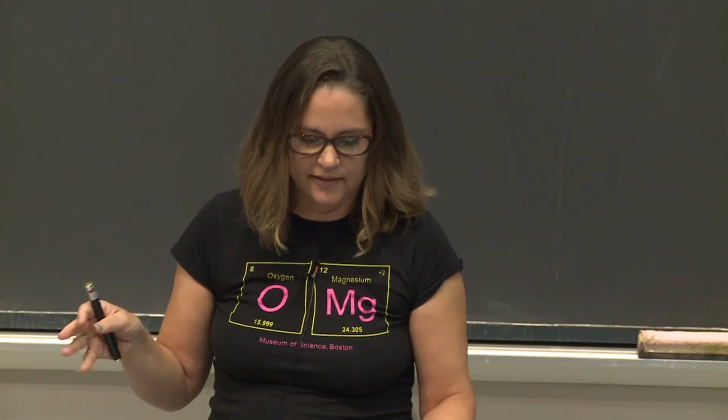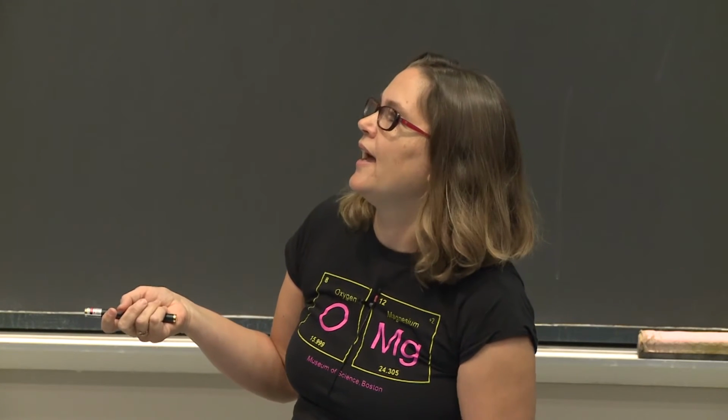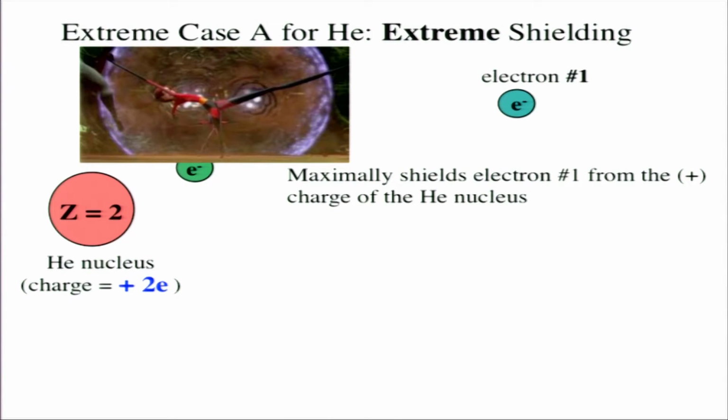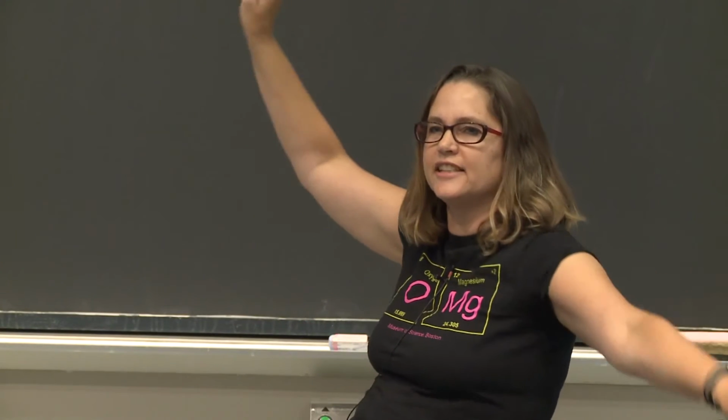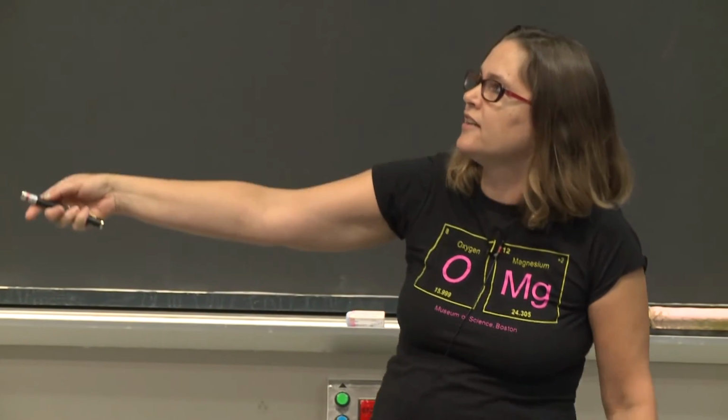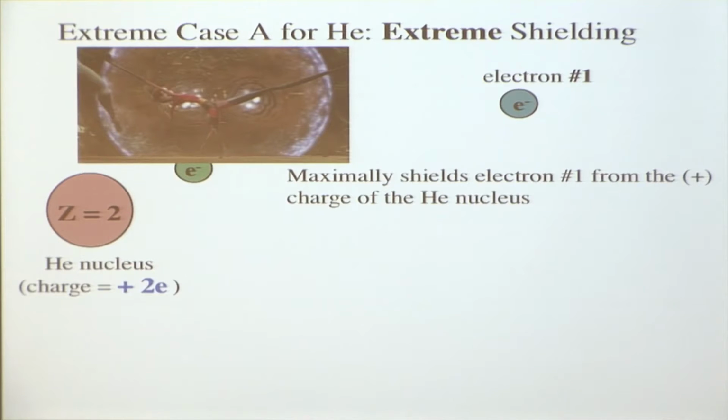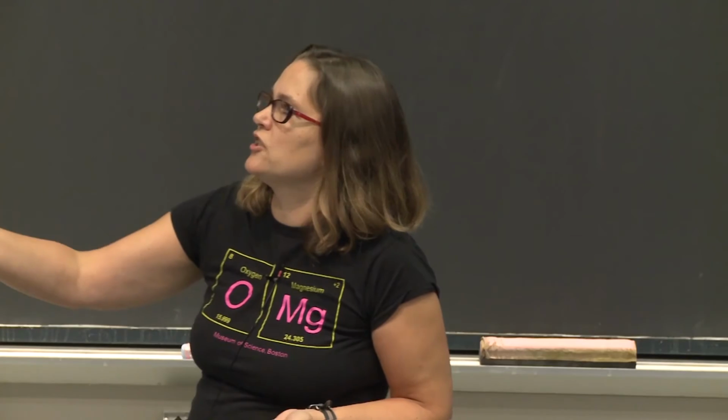I like to think about this electron 2 as kind of the Elastigirl of electrons. So the Elastigirl electron is shielding everywhere, stretching everywhere around that nucleus, just completely shielding it from electron 1, using the full negative charge to really shield.